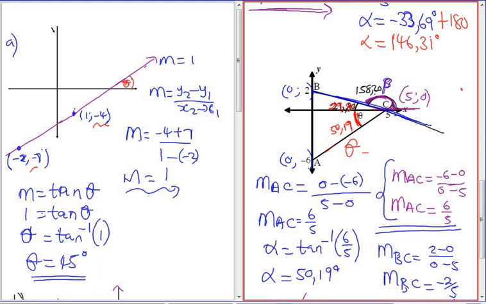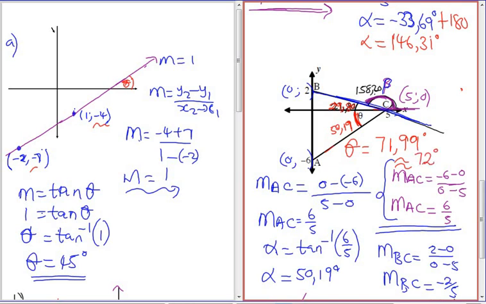So to get the whole theta, we just have to add those two values. And if you add those two values, using the exact answers, you're getting 71.995. So I'm just going to round it off to 72 degrees.